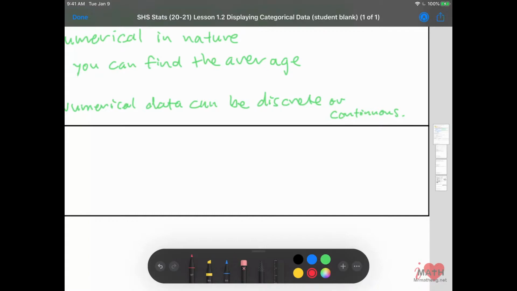You've learned this in your previous math class. Discrete is like, how fast can you run the mile? You can run it in 7 minutes and 45 seconds. Or for me, that would be 7 hours and 45 minutes. Continuous would be kind of like if you got a job and they pay you $8 an hour. It's a rate. It's continuous.